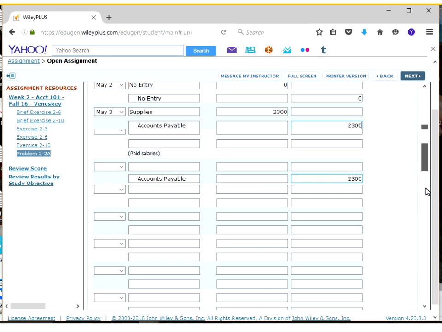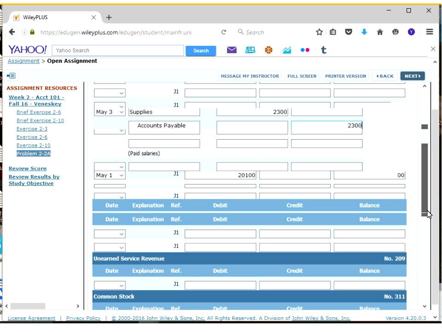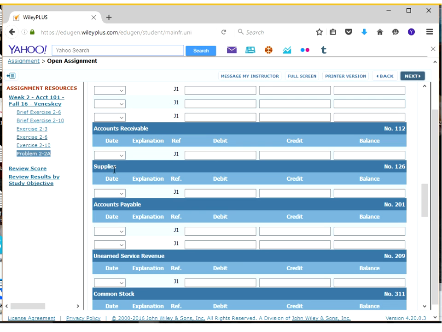So I'm going to come down. I notice my debit was supplies for $2,300. I know that that's an asset, so it's going to be one of the first ones I encounter. And I put my debit in here of $2,300, and I need to make sure I've updated my balance. Now this program is kind of helping us to know that I'm probably not going to have another supplies entry because there's no room for it.